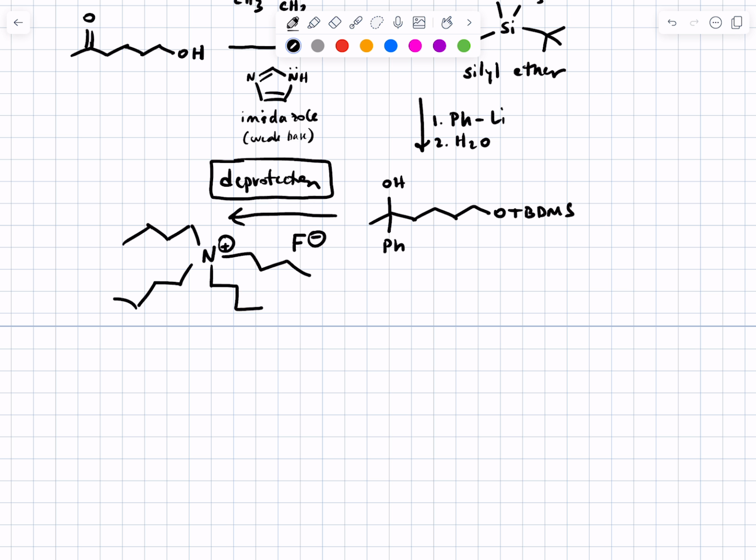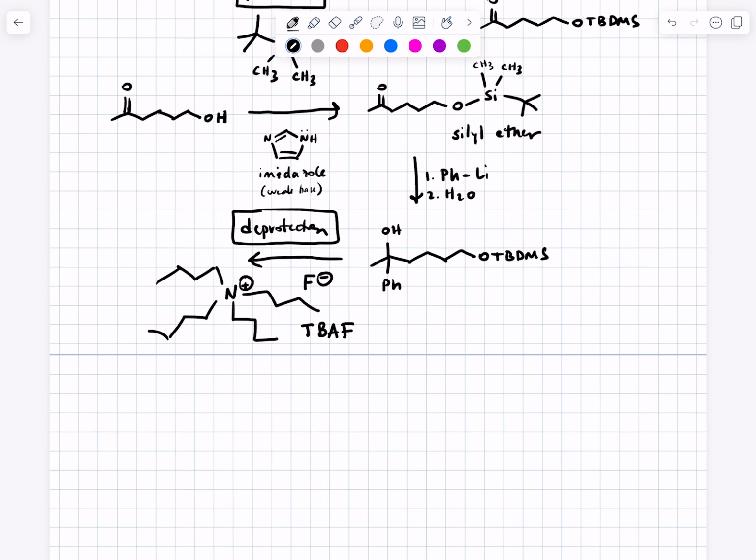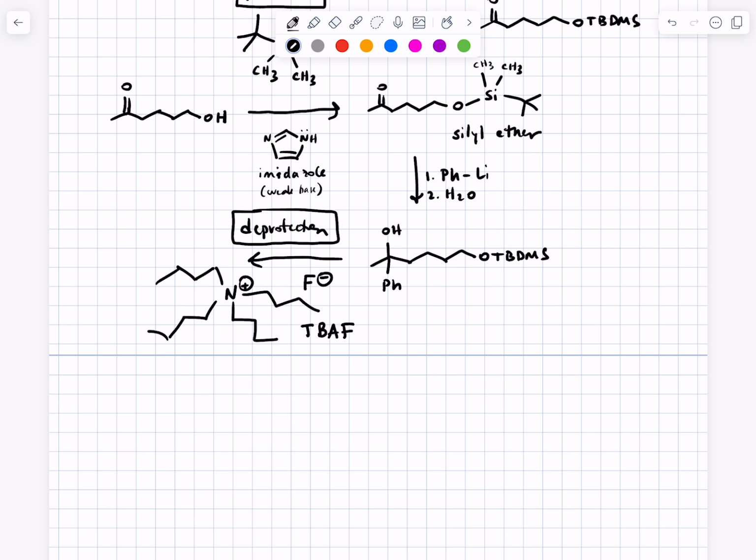That's tetrabutyl ammonium fluoride, or TBAF for short. I'm not going to write out tetrabutyl ammonium fluoride. Somebody's about to raise their hand asking, do we need to memorize the structure of tetrabutyl ammonium fluoride? Don't bother. You can if you want. I mean, more power to you, but I assume you have other things to pay attention to.